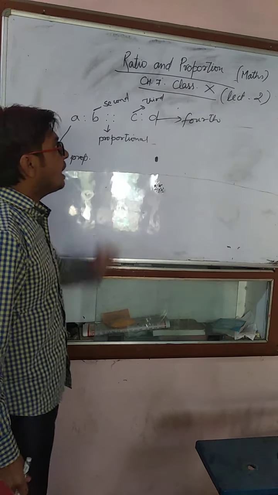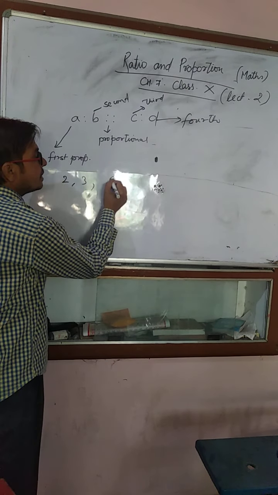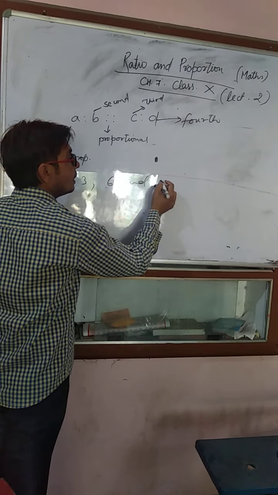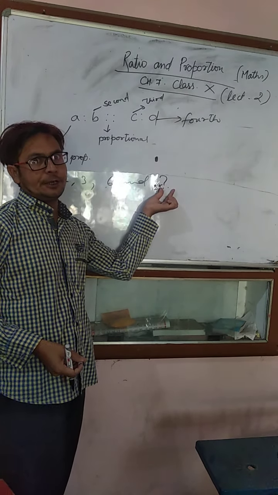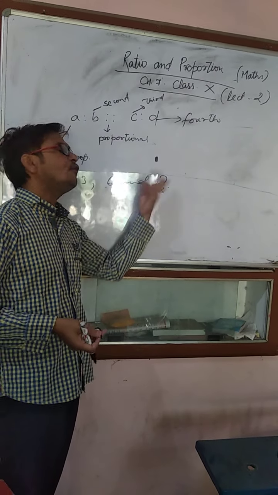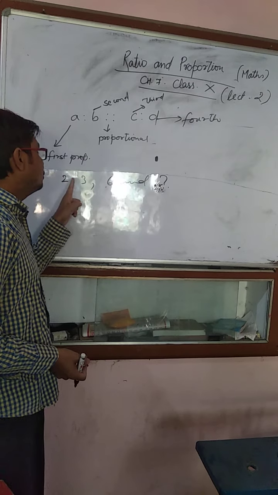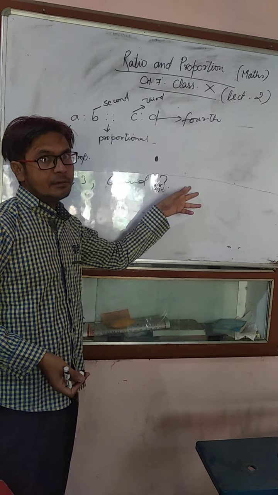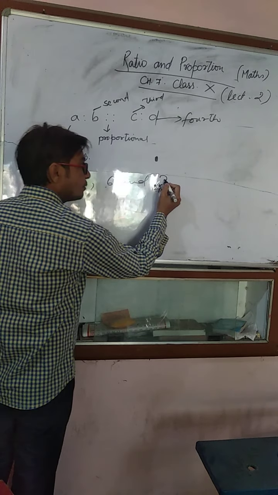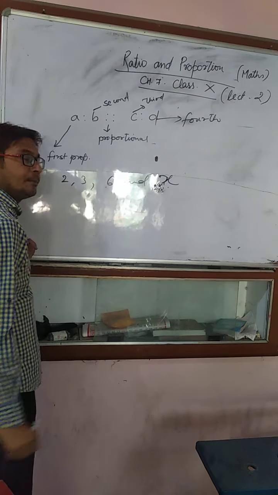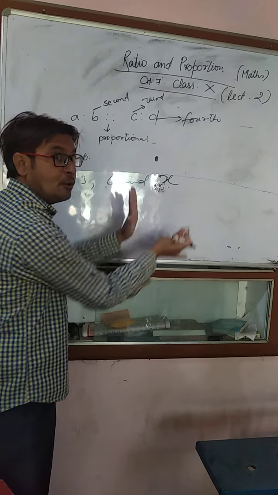Clear? And now consider the same example 2, 3, 6 and question mark. The question is, find the fourth proportional. How will you find the fourth proportional? Let us consider this fourth proportional be x. Now proportion means they are all in proportion.